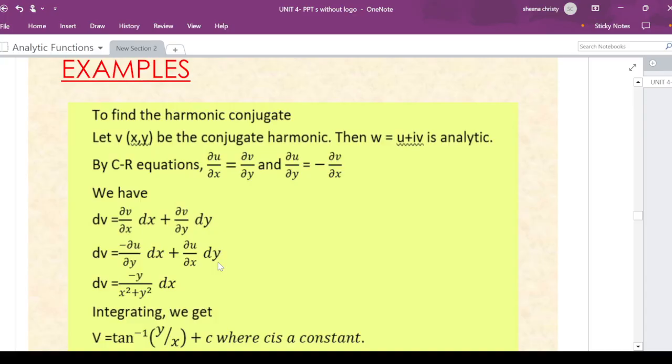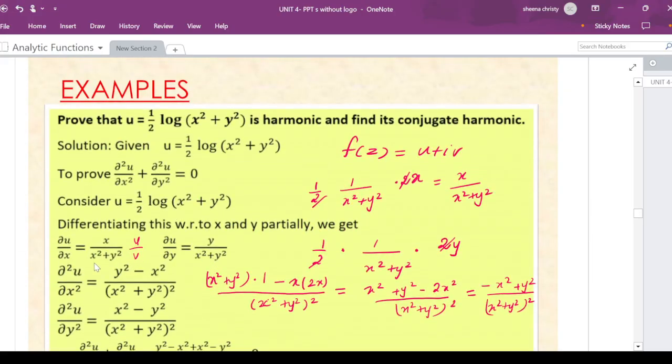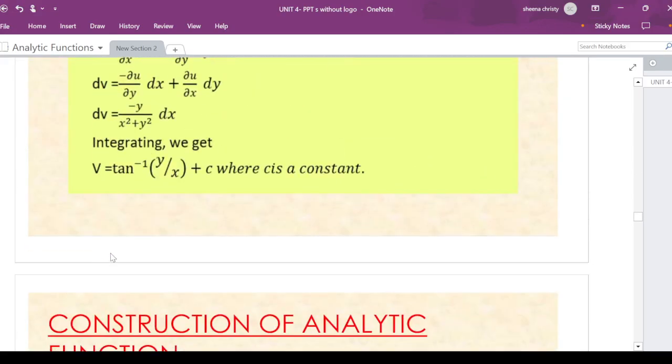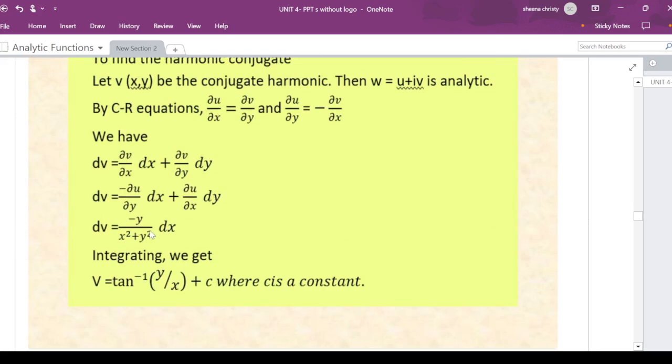But here you have to exclude the x terms. If you are excluding x terms, the term dou u by dou x will give you 0. That's why we are not considering the second part. So dv equal to minus y by x square plus y square into dx.